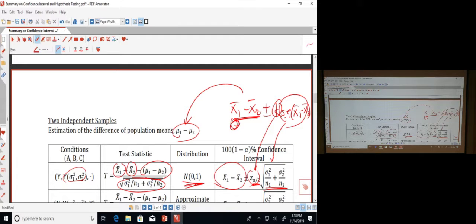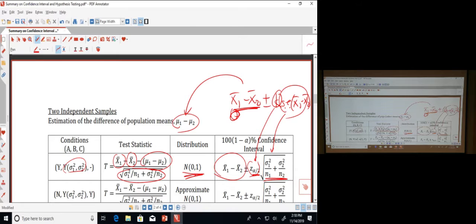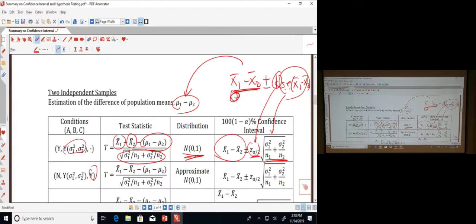Okay, what's the next line? Okay, the next line is when we don't have a normal distribution. So in that case, you really need the sample size to be big. All right, then the test statistic is still the same thing.